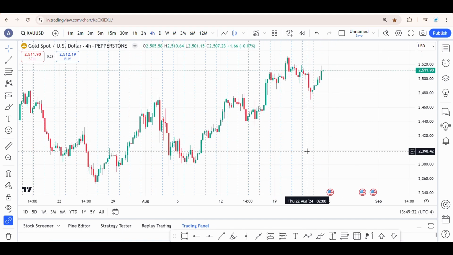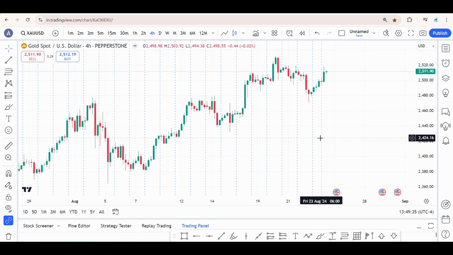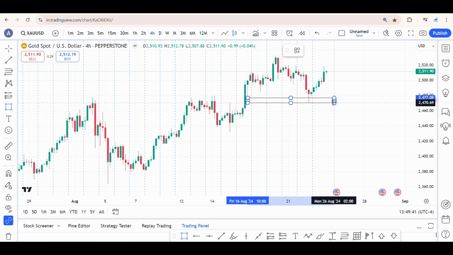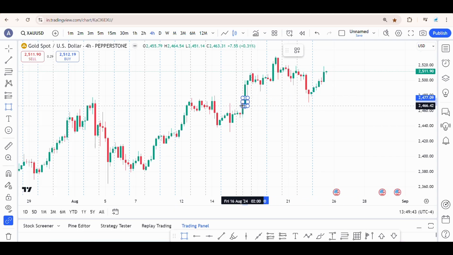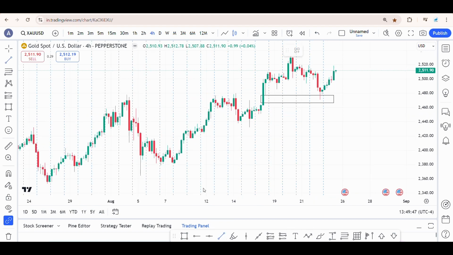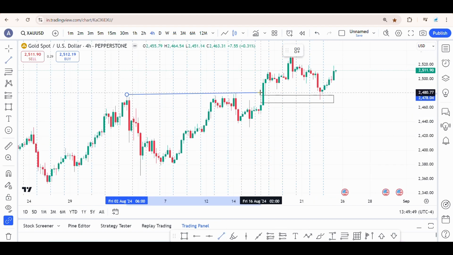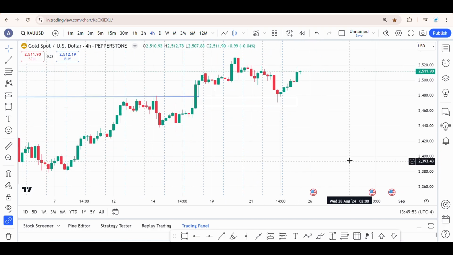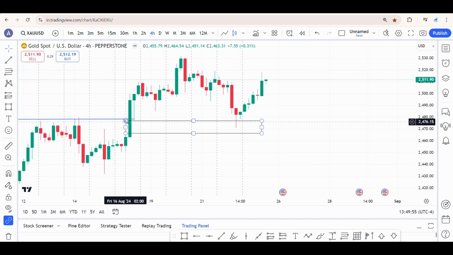Let me show you a very nice example here, the trade which I took as well. When price was buying here, it left a very nice imbalance here, and I bought it as well, and the signal was on my Telegram channel as well. So if you see, price did a break of structure, went up, and there was a very nice FVG left here.